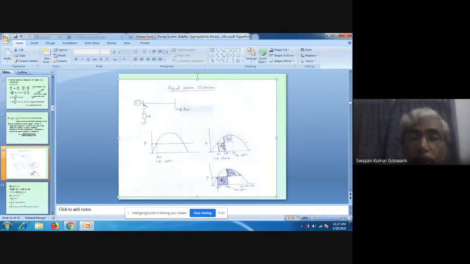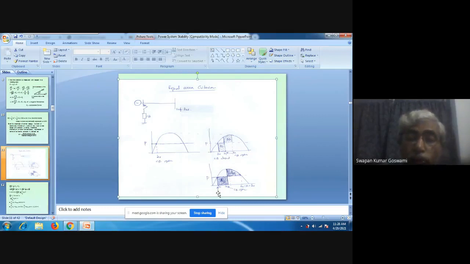Here A1 is the accelerating area, representing the energy that was the reason for acceleration. A2 is the area representing the energy that is the reason for deceleration. Again here A3 is the area representing the reason for acceleration, and A4 is another area that is the reason for deceleration. A3 is equal to A4, A1 equal to A2.